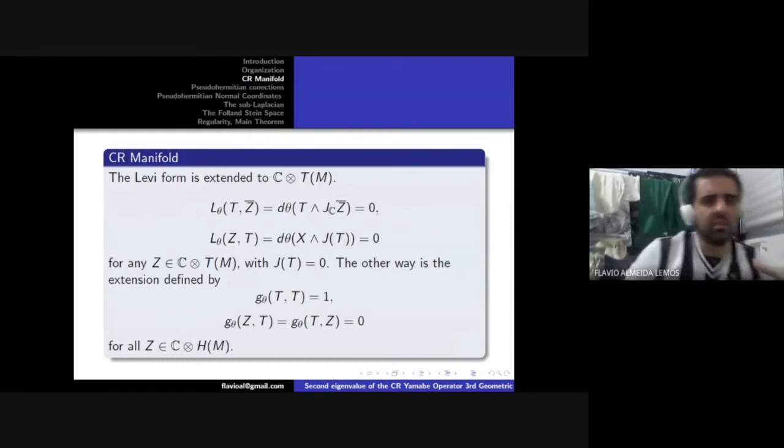We extend the Levi form on the complexified subbundle. We have the Levi form this way.